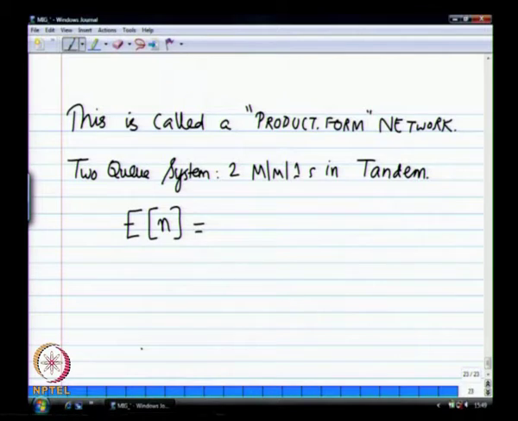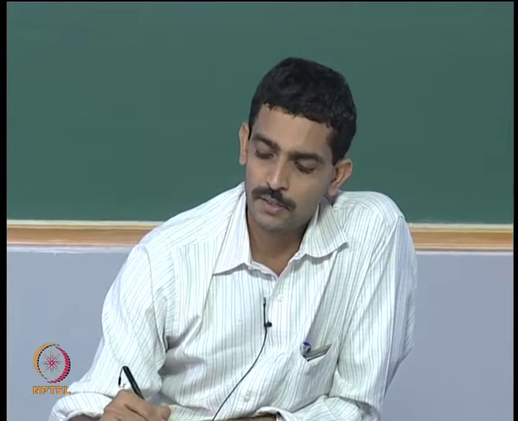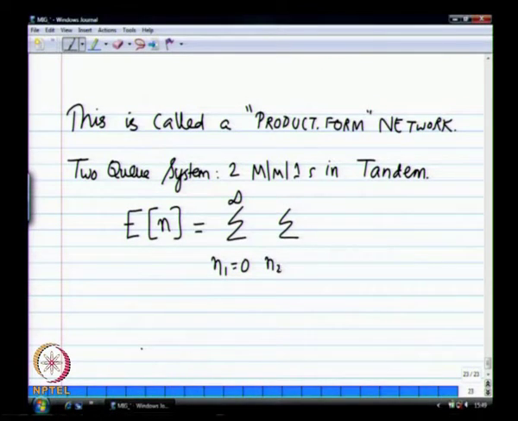From the basics, we did E of n. So there are n1 customers in the first queue and n2 customers in the second queue, then n1 plus n2 times the probability of that state. For every n1, given some value of n2, it is n1 plus n2 times the probability. We did the sum of n times p of n for the basic case.